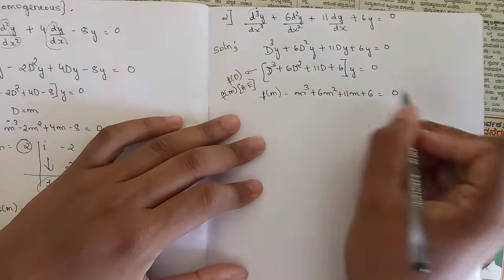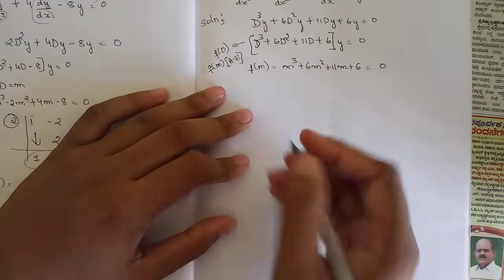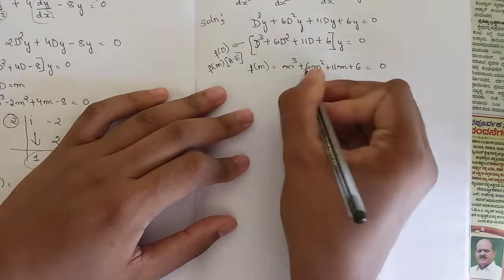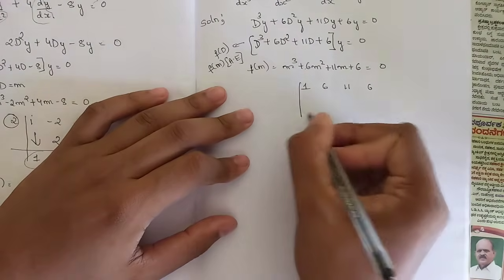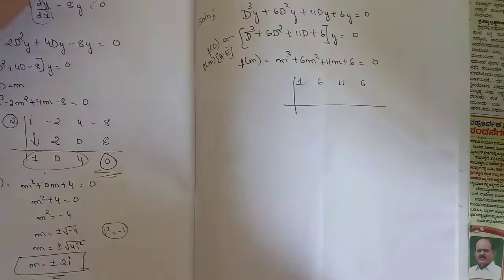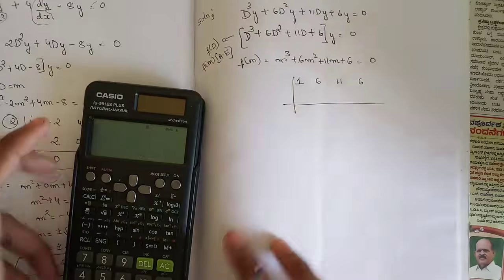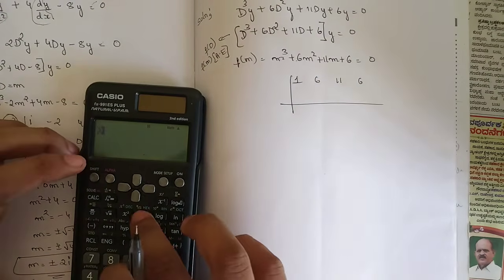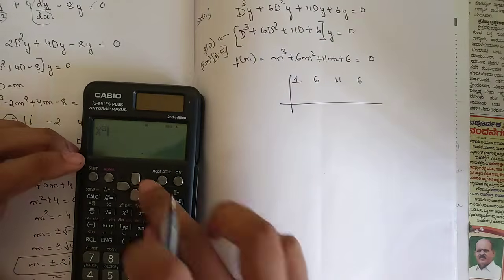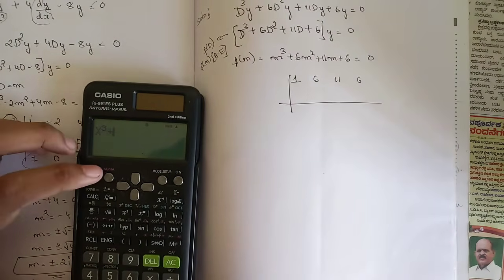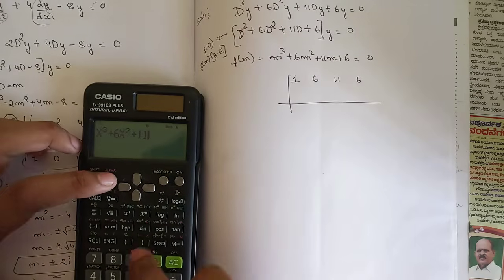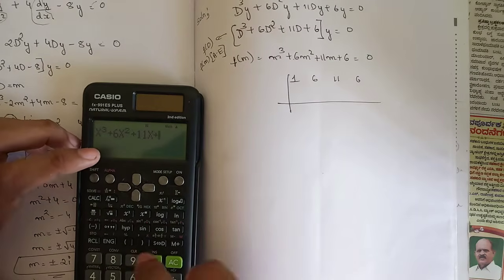Since it's a cubic polynomial, again apply the synthetic division method and write all the coefficients 1, 6, 11 and 6. Again we need to find the first root, so put this equation in the calculator: x cube plus 6 into x square plus 11 into x plus 6.